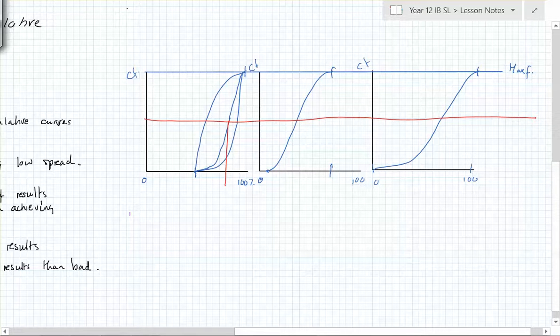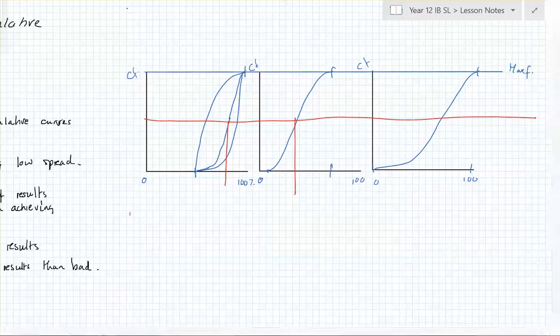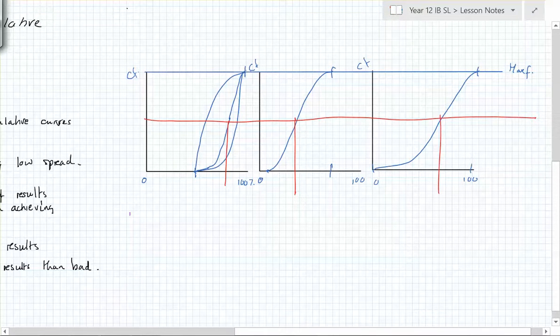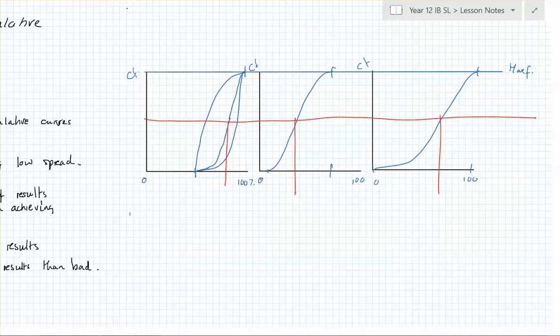The median here is lower, which is what I suggested I wanted, slightly lower results. And this one, the median is a bit higher. Okay, so you can see how the distribution of the data affects where the median is going to be. So that tail at the beginning and the end does affect things. Make sense?